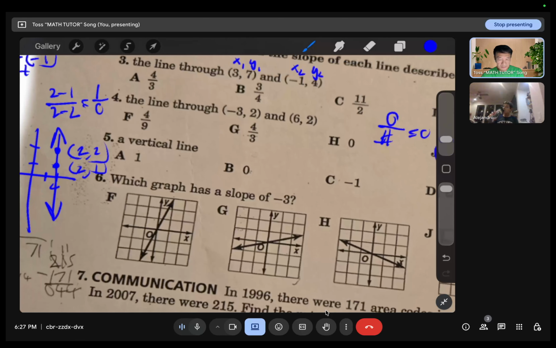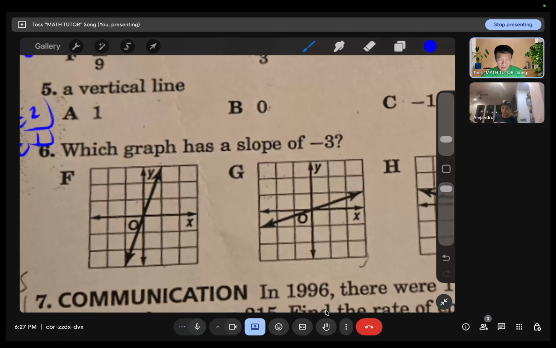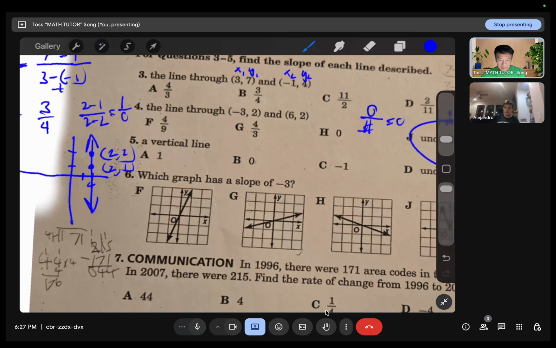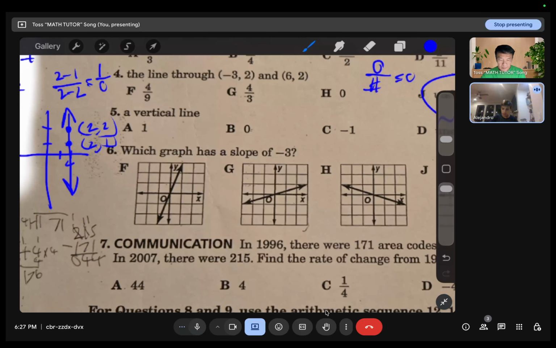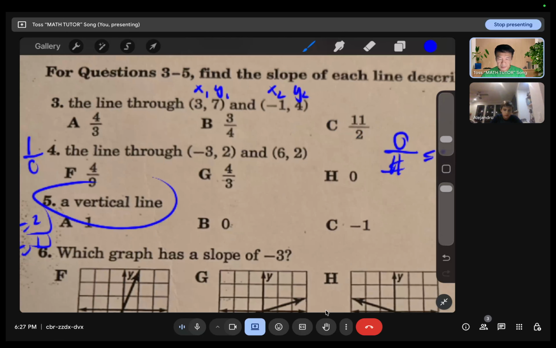Okay, but you might have heard that from somewhere, your teacher, likely. Okay, that's good. Now, 6. Which graph? Oh, what about a horizontal line? I don't see one asking that. What about number 5.2?